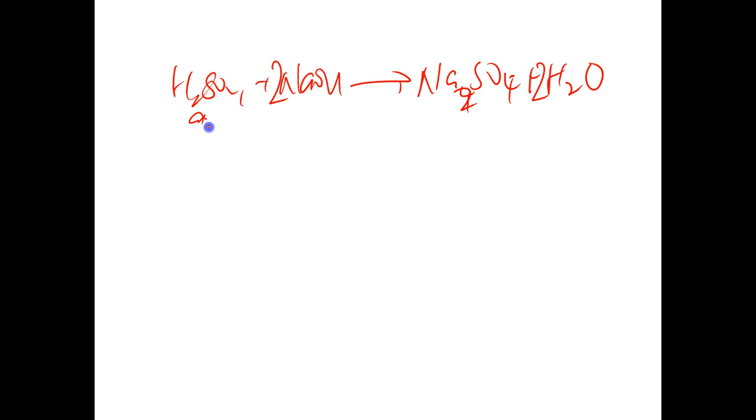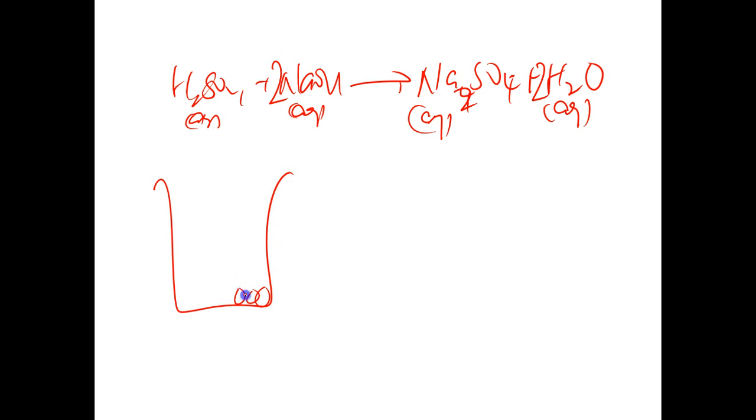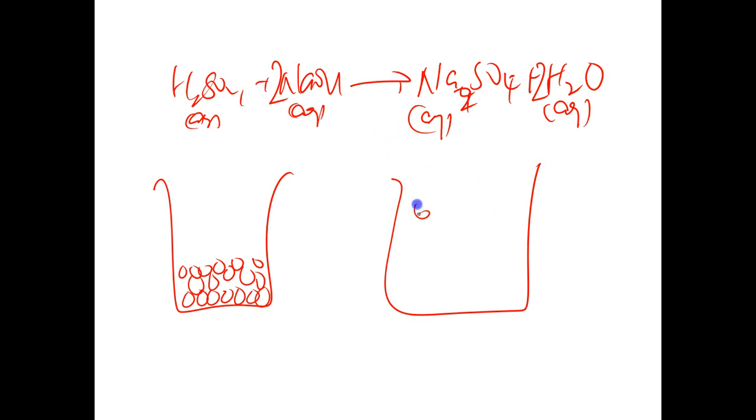Why? Because they are all in aqueous state. So being in an aqueous state, it means that it is already very closely packed, slightly disorderly, but already very closely packed. So there's no way for me to increase the pressure and result in the particles becoming even more closely packed. So this is compared to one which contains gases.